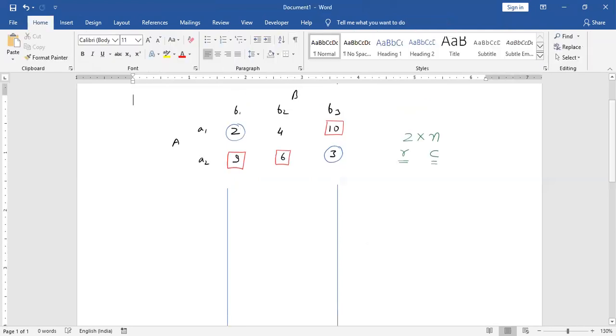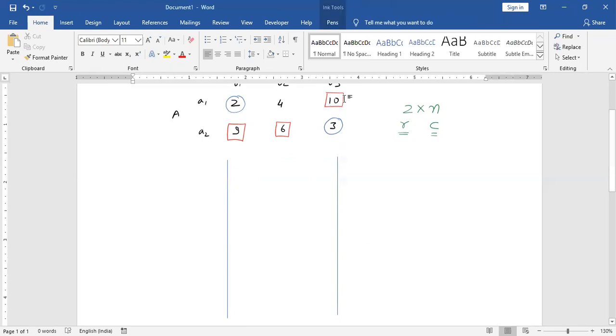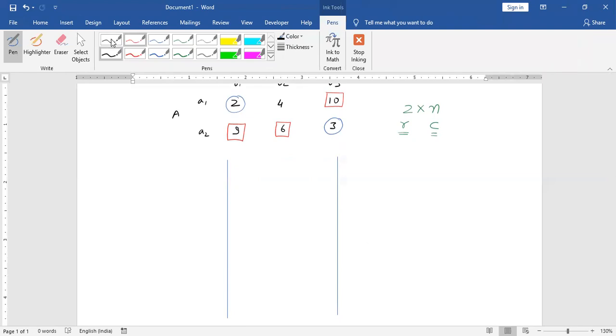And then find the maximum value of the combination, and the maximum value is 10. And the minimum value is 2. So this is what I'll take: 10, and this is what I'll take: 2.